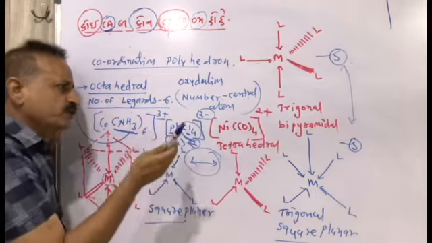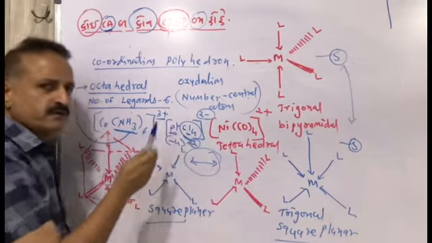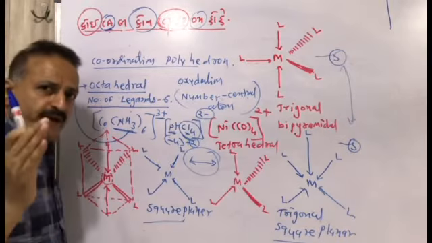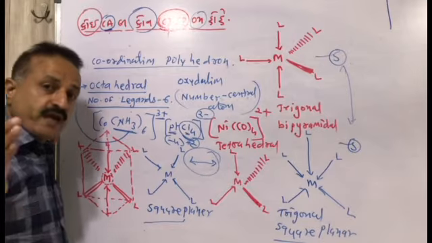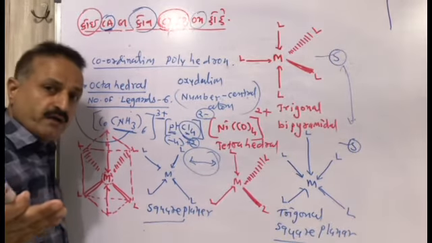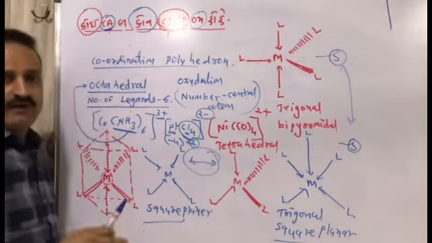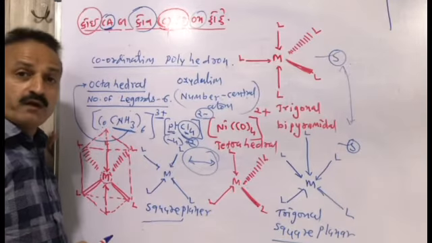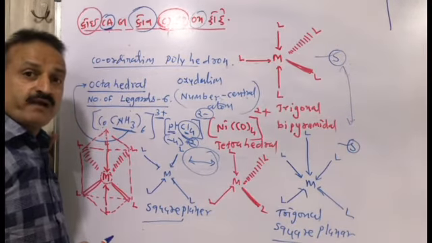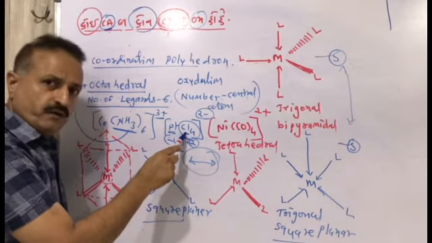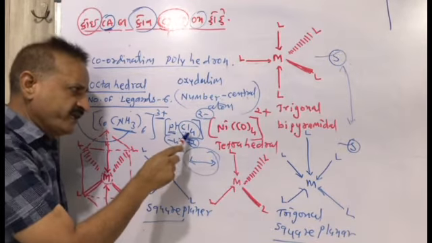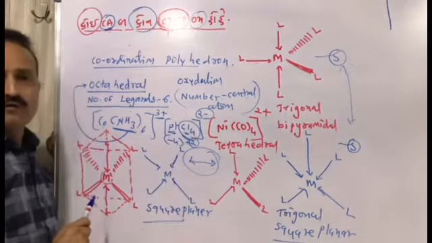So the charge of the metal ion is decided by making it neutral by attaching negative ions. Suppose I write PtCl2, then it is neutral, but if I write PtCl4, then it is negative.